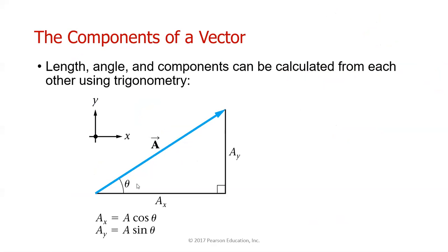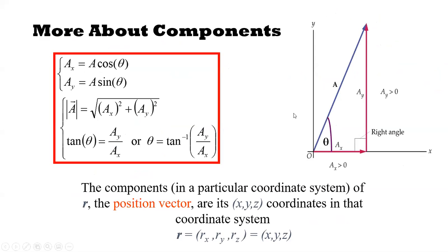Now it's the same diagram, with AX and AY. I am just using the same thing since the previous slide was kind of busy. Now we know how to get AX and AY.